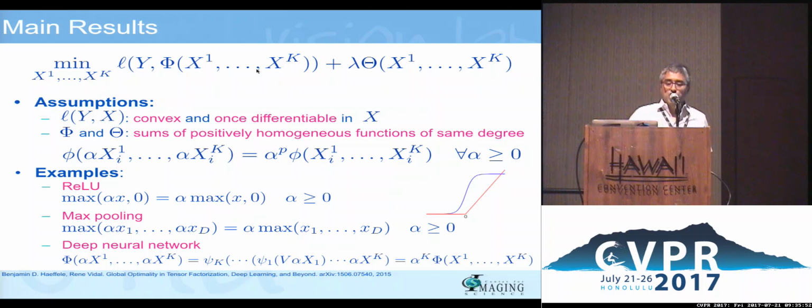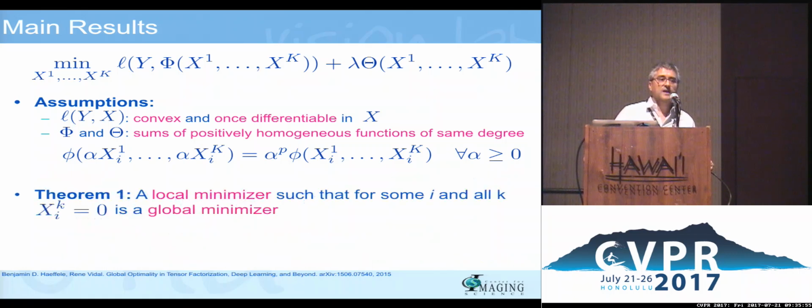Okay. So under those assumptions, here is a first meta theorem at a very, very high level. It says that suppose that you pick your favorite algorithm for minimization. And suppose that you had an oracle that tells you, okay, you found the local minimum.